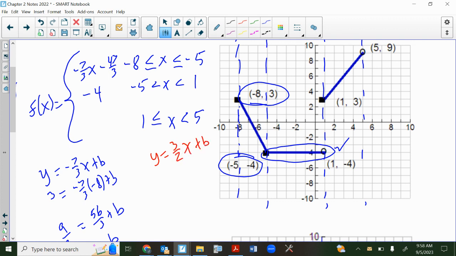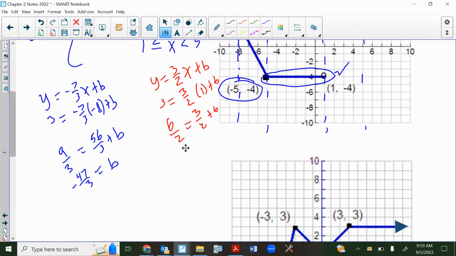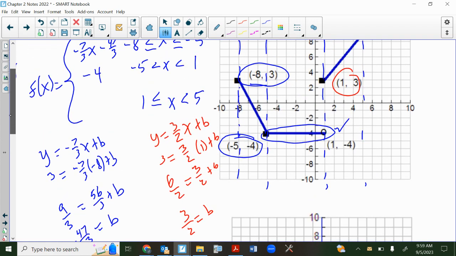So 3 halves x plus b, and then again, I'm putting in one of those 2 points. I'm going to choose the one that's got the smaller numbers. So 3 is the y, 1 is the x. That's 3 halves. And 6 over 2 is my common denominator. Subtract it over, 3 halves equals b.